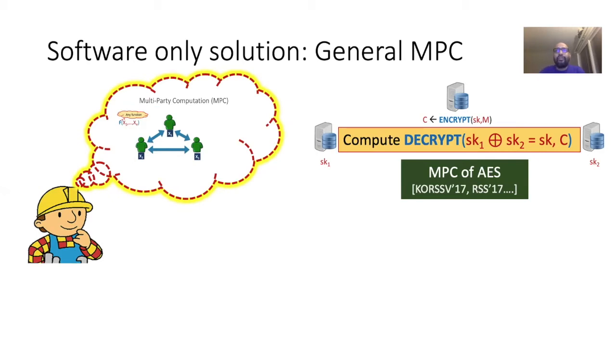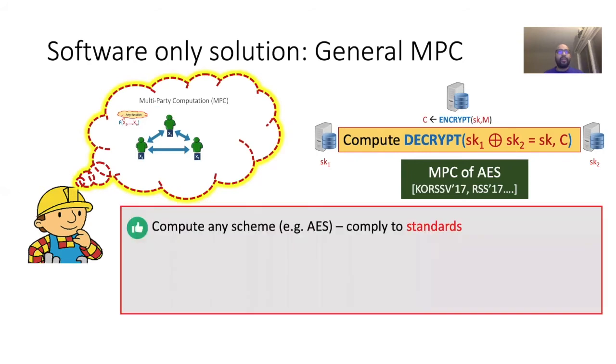There is a line of work that does this kind of approach, where mostly they do MPC of AES. One particular good point of this solution is that it can compute any scheme, for example AES, which is a standard encryption scheme, and so it can comply with the standard.